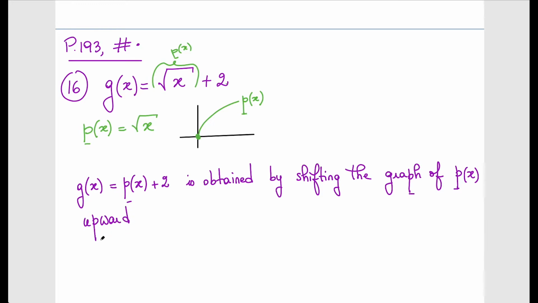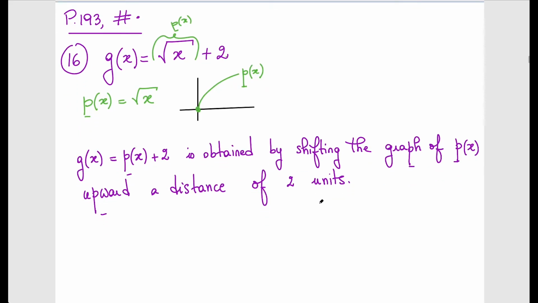So upward a distance of 2 units. Which means what? You take that function p and you shift it upward by 2 units, you obtain that function g. So it's not that bad.